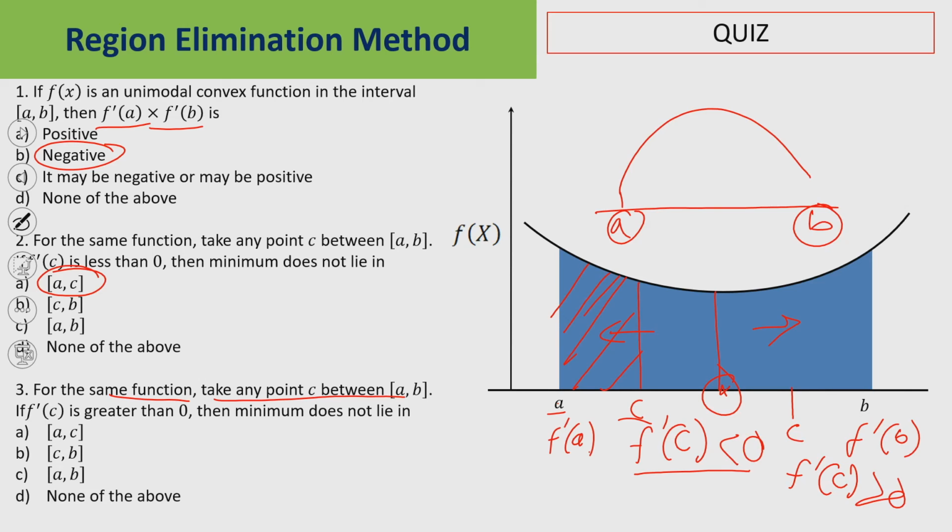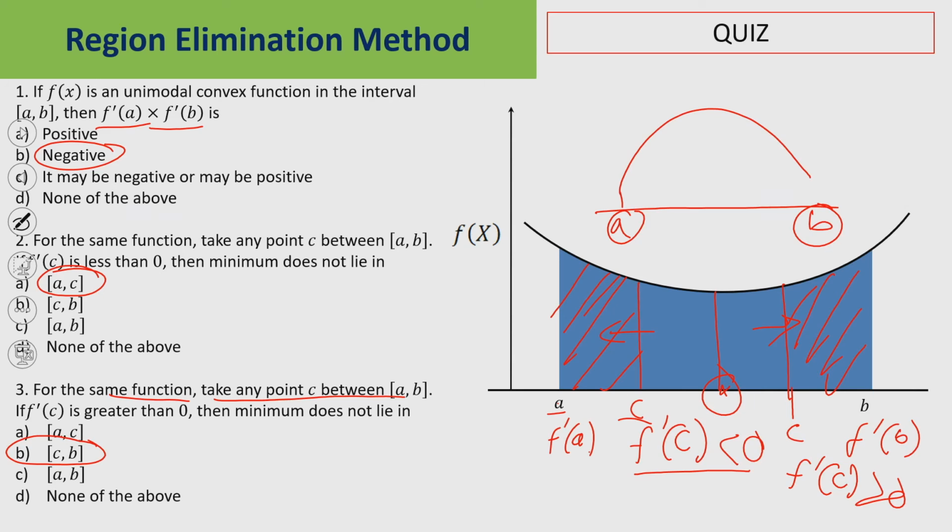Because now this is on the other side, the minima is not there in this particular region, so you can eliminate that region, and here the answer is CB.